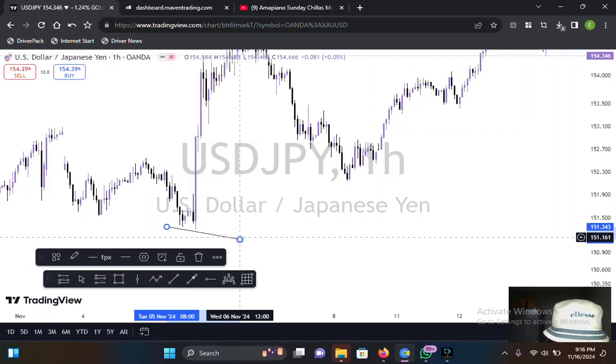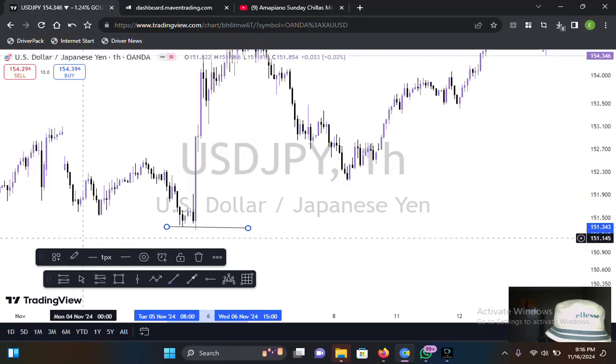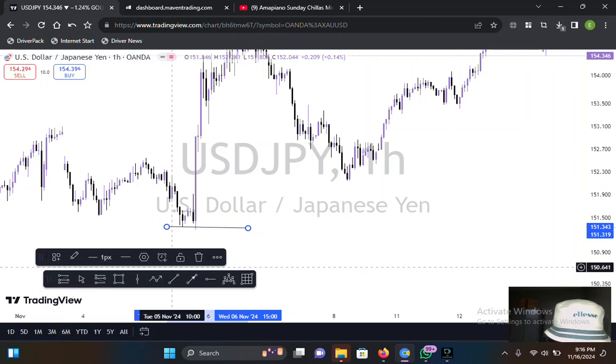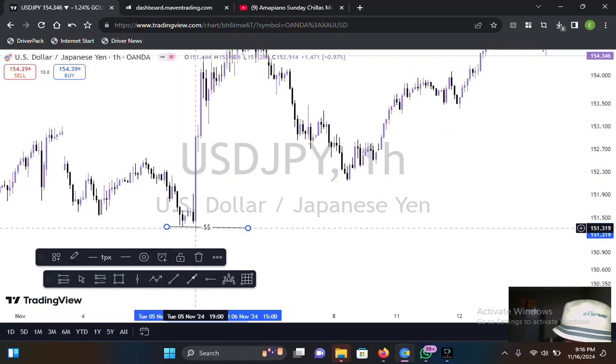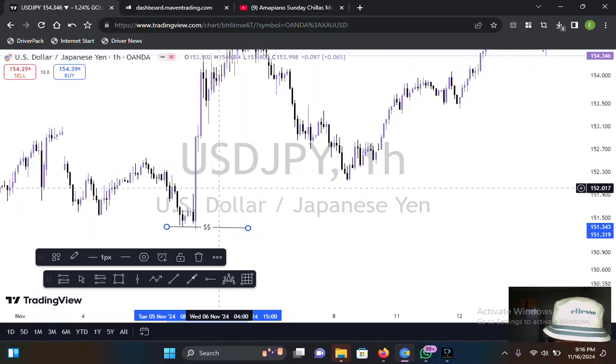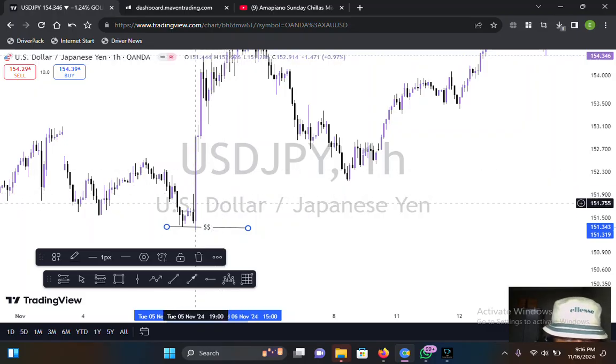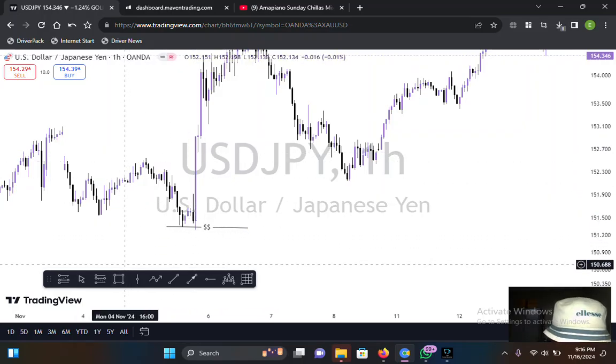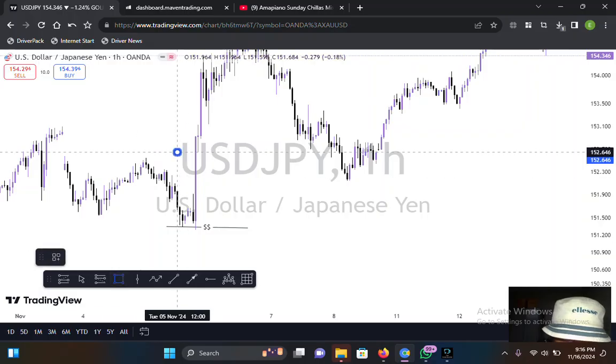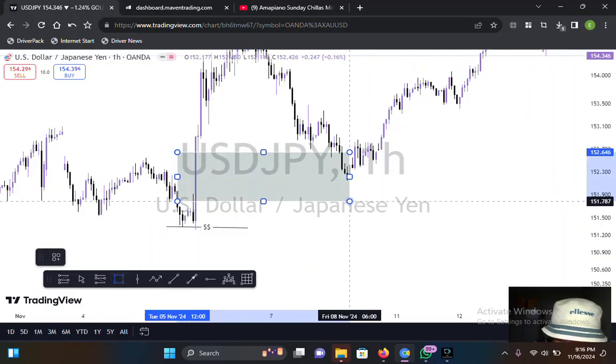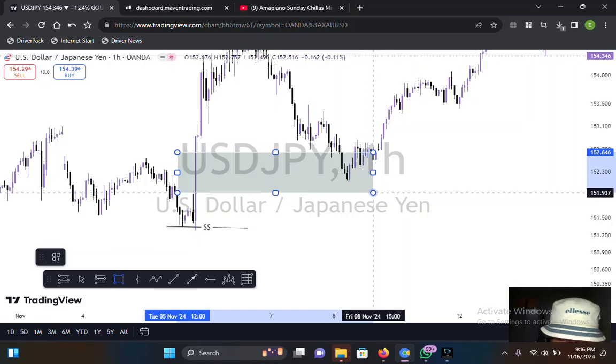Just observe it, guys. After sweeping liquidity, price moved up. After moving up, price created what? A huge fair value gap. So guys, you see the fair value gap, this one, a huge fair value gap.